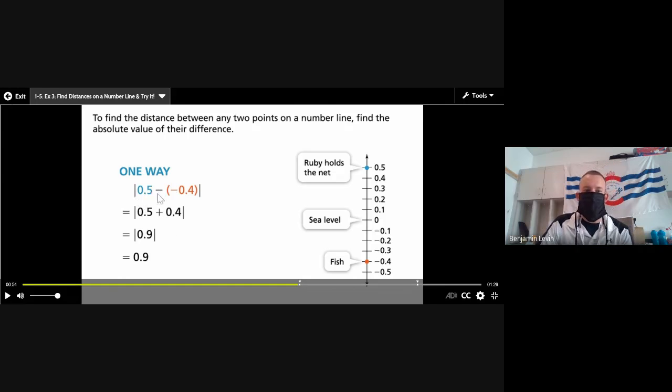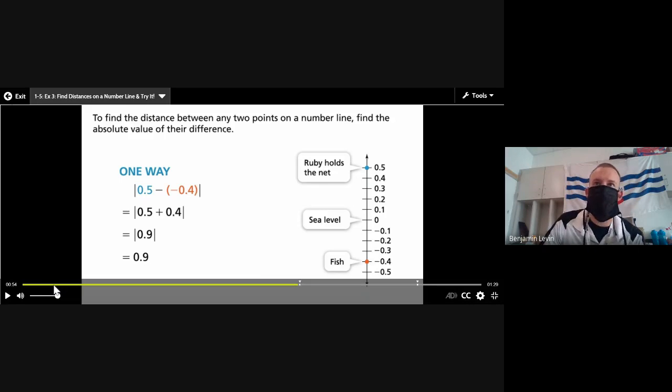So the difference between positive 0.5 and negative 0.4 is, right? We would do this as the double negative, they changed it into a positive. So 0.5 plus 0.4, which is 0.9. That is the distance on the number line between 0.5 and negative 0.4, right?